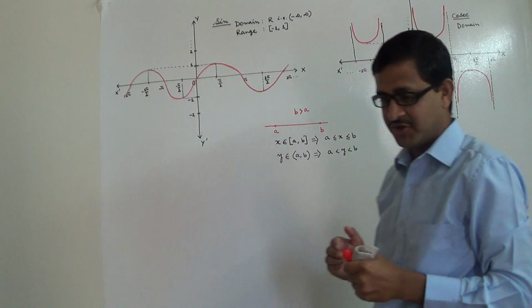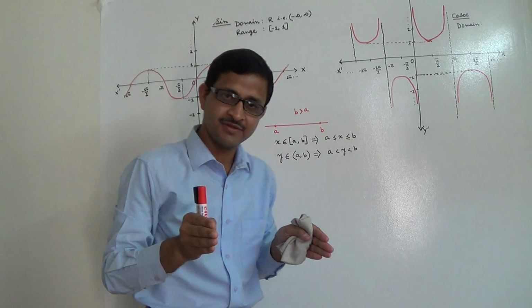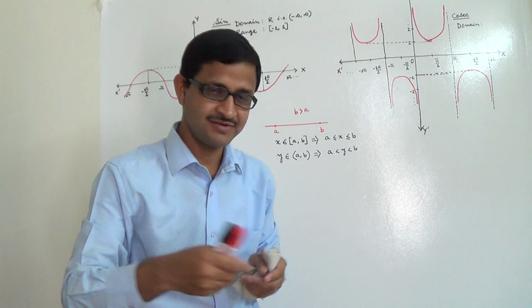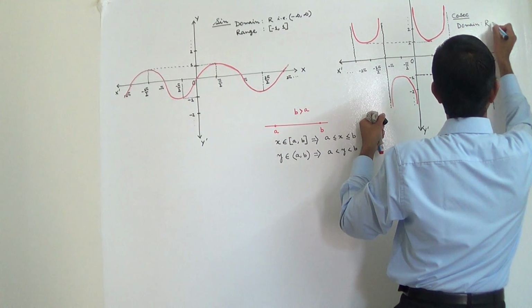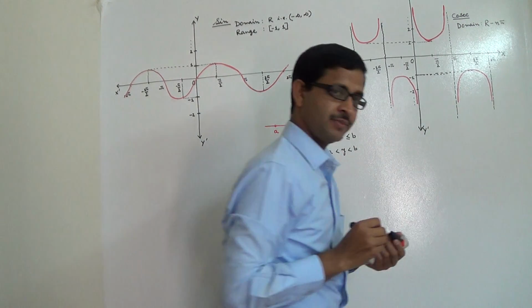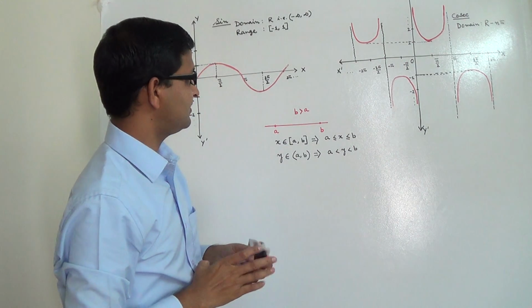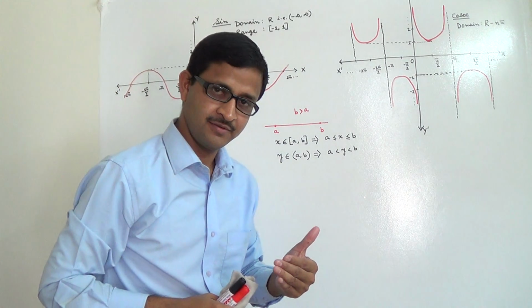So it is actually the set of real numbers except the multiples of pi, right? So the domain is the set of real numbers minus n times pi, where n is any integer, correct?